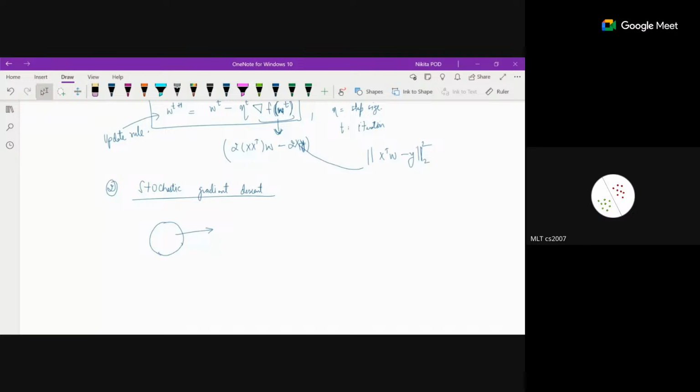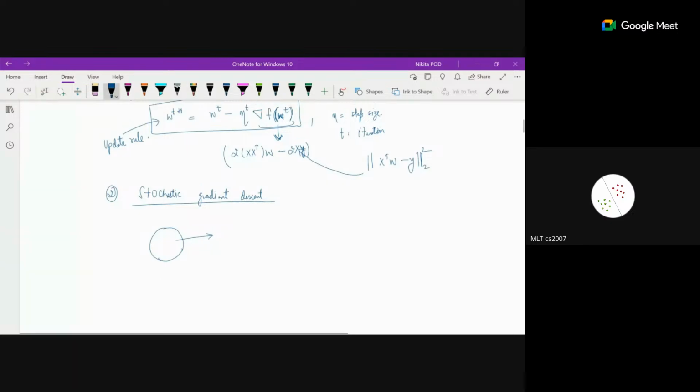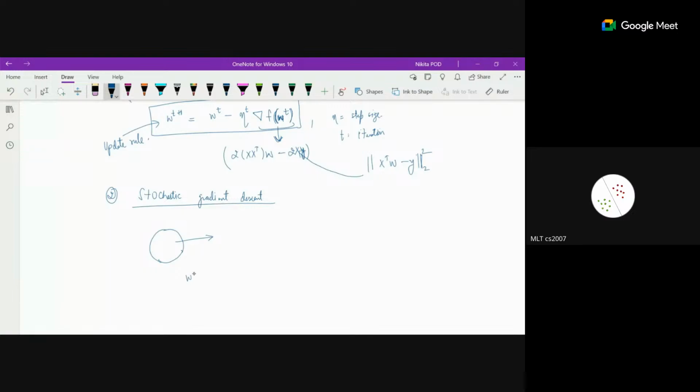When you perform that, according to the update rule, what should you get? You should get W(t+1) equal to W(t) minus eta times grad of f of W(t). But now when you are restricting your entire data set to a smaller sample, your X will also change, let's say it is X dash, and your Y will also change, let's take it as Y dash.